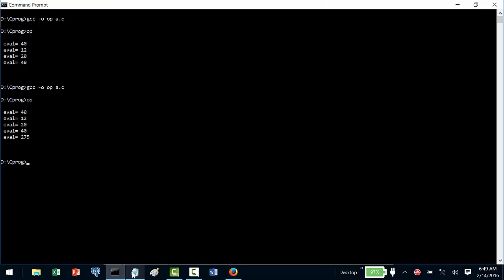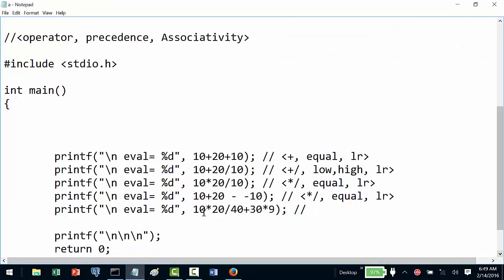So let me just go back to my code. So what it did was 10 into 20 and then by 40. So what I want it to do is I will put this entire portion in the bracket now. So when I do this, my 40 plus 30 into 9 becomes a sub expression, right? Now when it becomes a sub expression, this is taken as one sub expression.